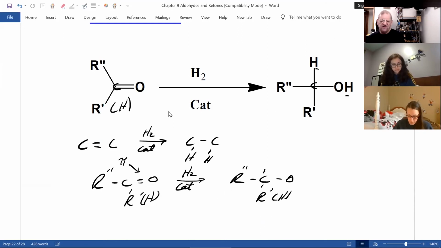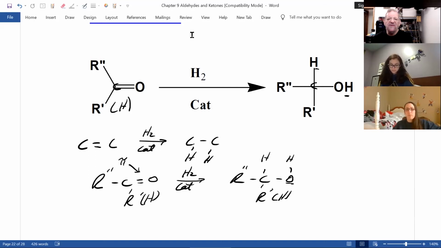And then each atom of the carbon-oxygen bond gets a hydrogen. And this is really just an OH group, which I have written like that. And this is hydrogenation of a carbonyl ketone or aldehyde. All right, everybody got this part down? Good.